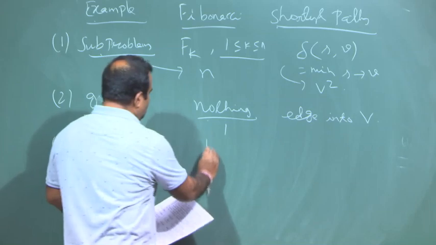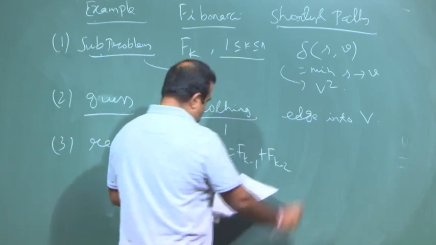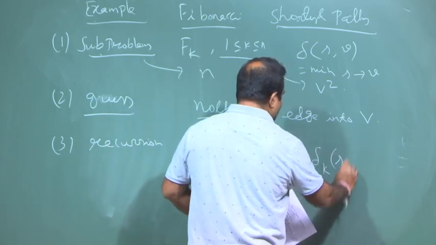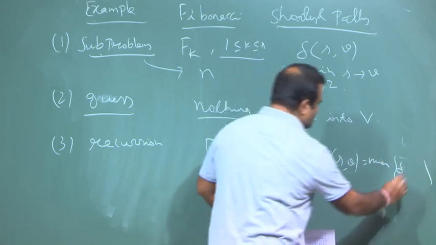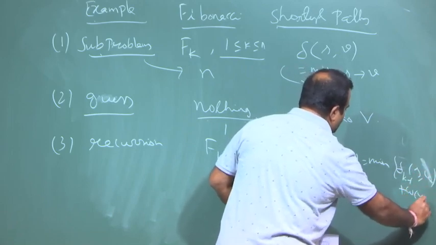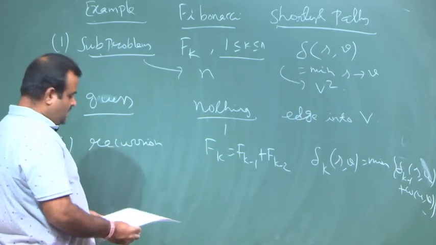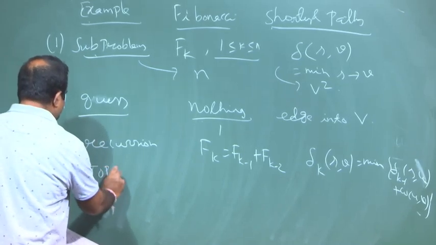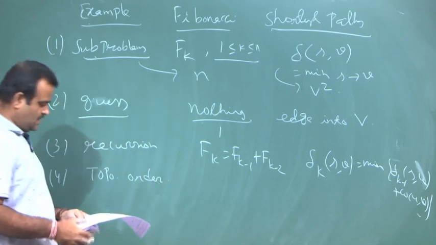Then we have the recursion. For Fibonacci, f k is equal to f k minus 1 plus f k minus 2, and for shortest path, delta of k, s comma v is the minimum of delta of k minus 1, s comma u plus w of u comma v. Then we need to check the topological order for a DAG.